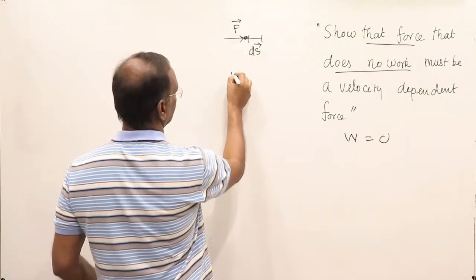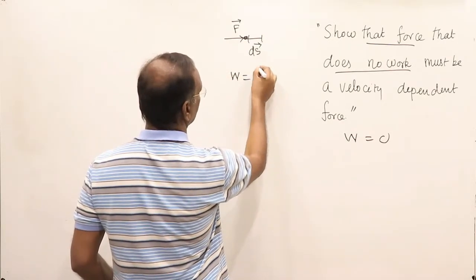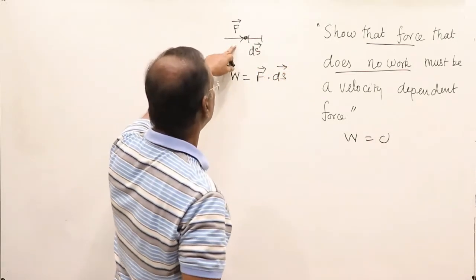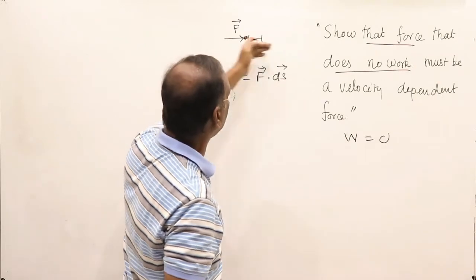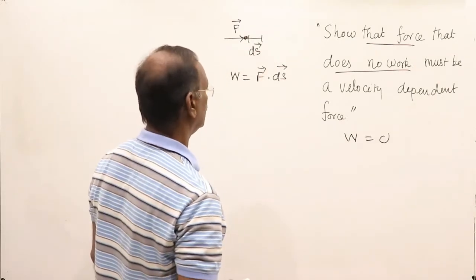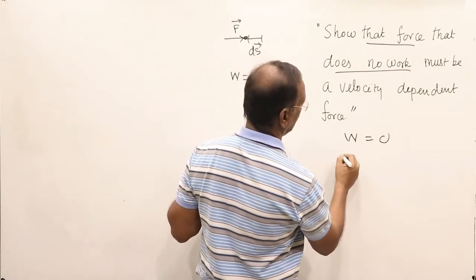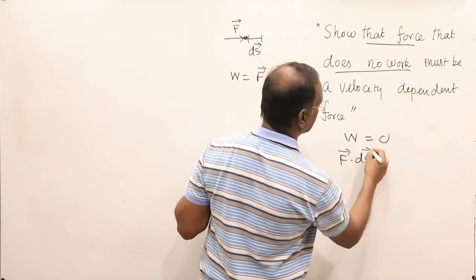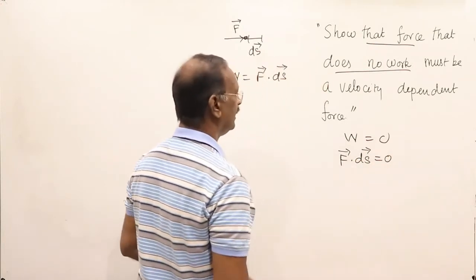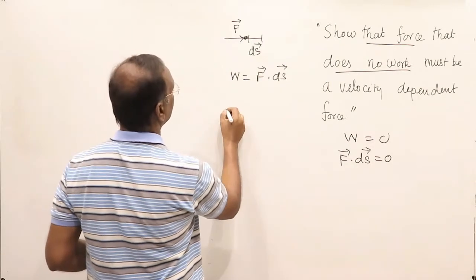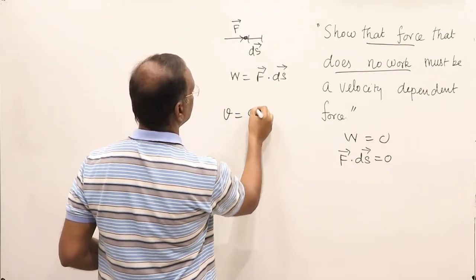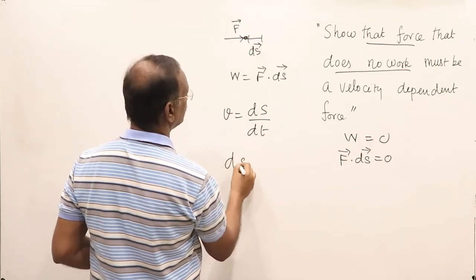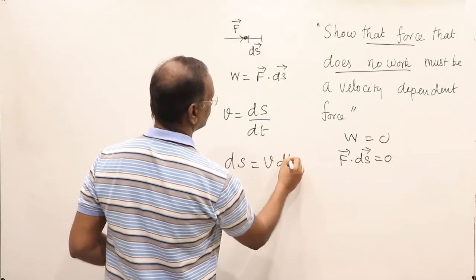The work done is the dot product of force and ds vector. Velocity is the rate of change of displacement, so displacement is equal to v into dt.